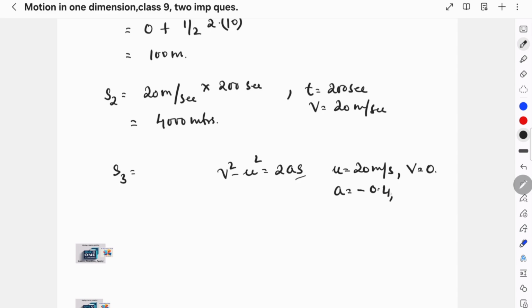Now let's solve this by putting the values. My v square becomes 0 and u square is 20 square. So 0 minus 20 square is equal to 2 into negative 0.4 into S3.